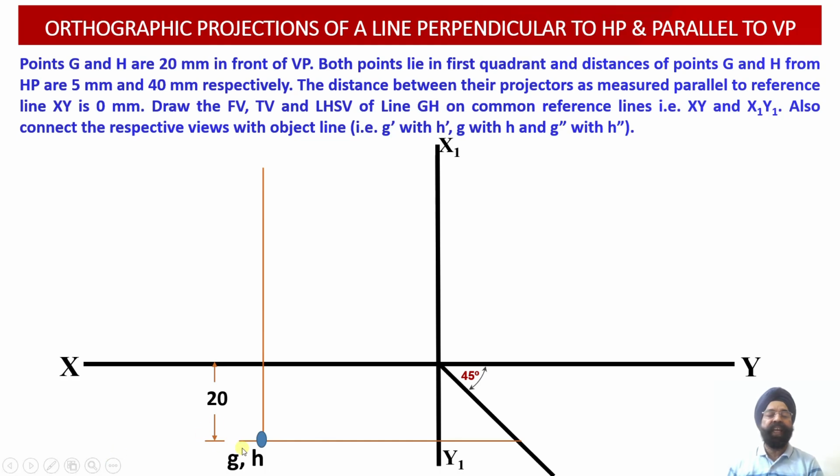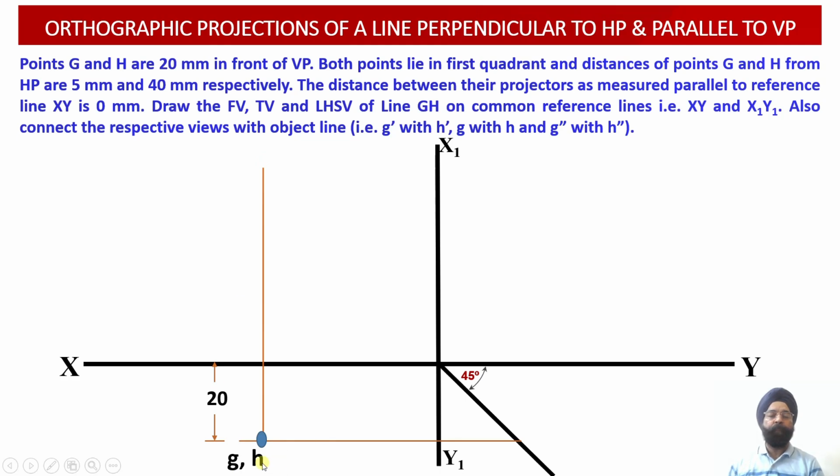Having drawn the top view locations of the points G and H below the XY reference line onto the horizontal plane, we know that wherever point G is located on this vertical projector line, the projection corresponding to the G point, that is G dash in the front view, will be located.